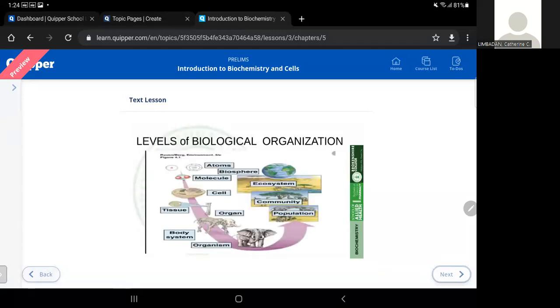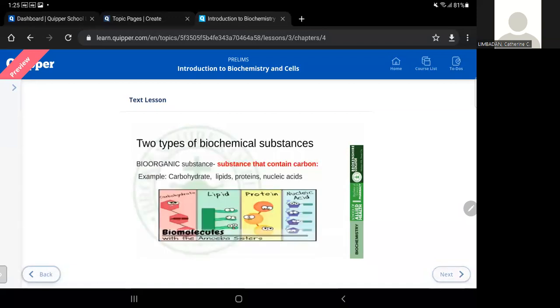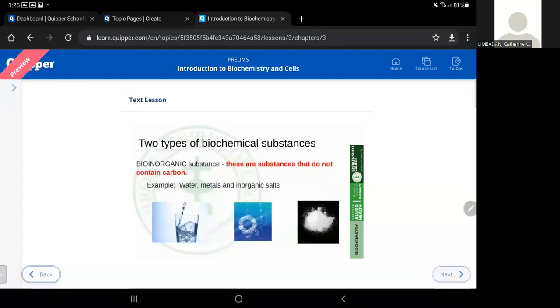Before moving to the levels of biological organization, since we're talking about bioorganic, especially carbohydrates, lipids, proteins, and nucleic acids, which are necessary components of the cell, the inorganic part, water and salt, are important as well in order for the cell to survive.